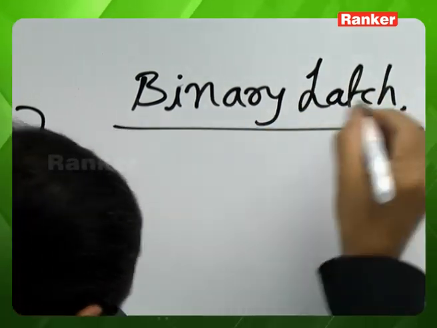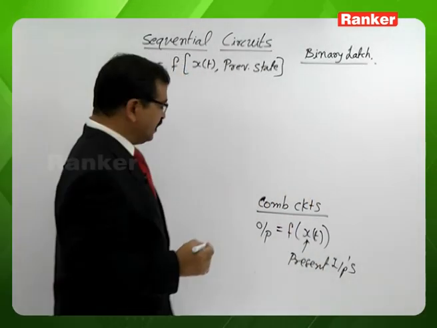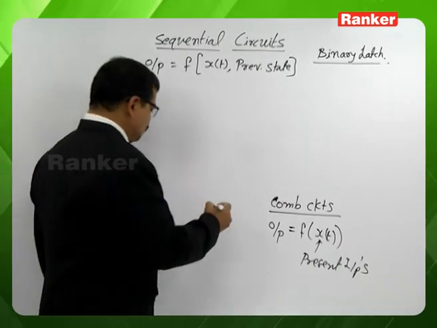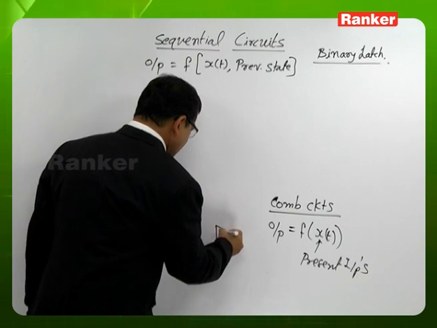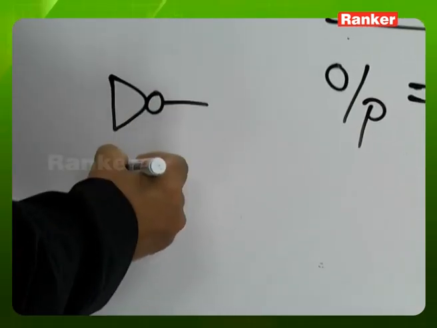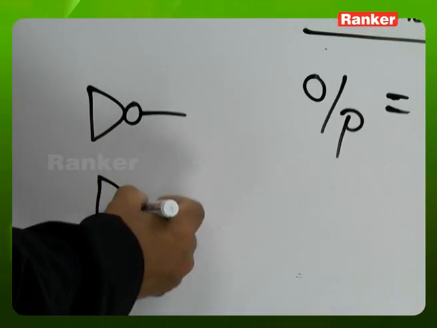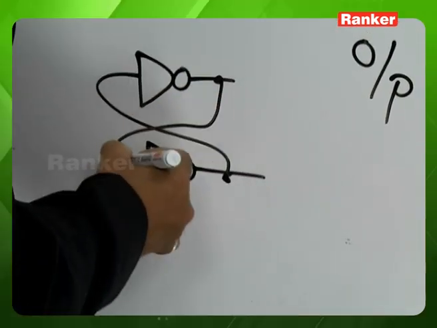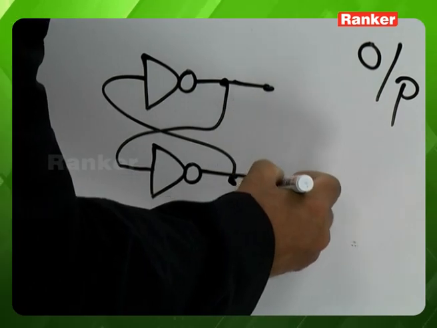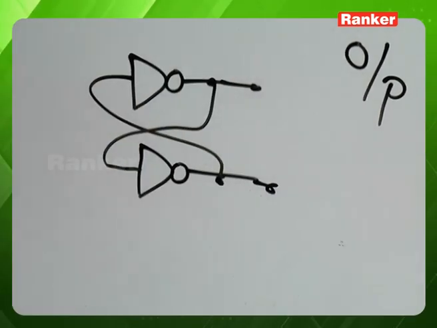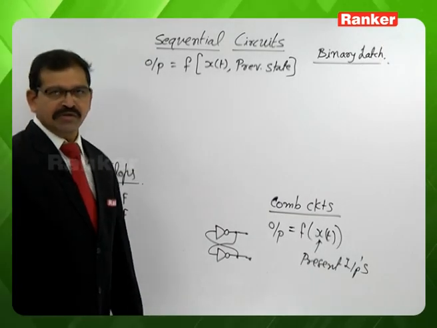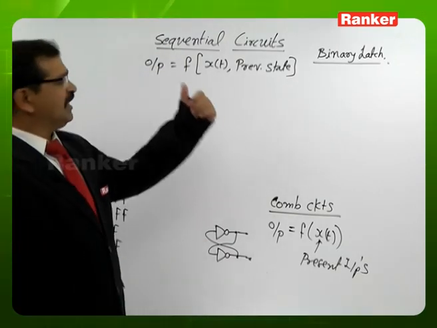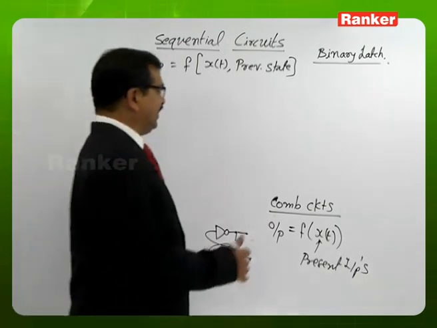A binary latch is basically a cross-coupled inverter circuit. So this cross-coupled inverter circuit we are naming as binary latch. This cross-coupled inverter circuit operation is possible even by using NAND gates or even by using NOR gates. Let us try here by using NAND gates.